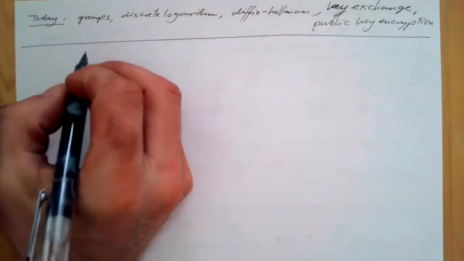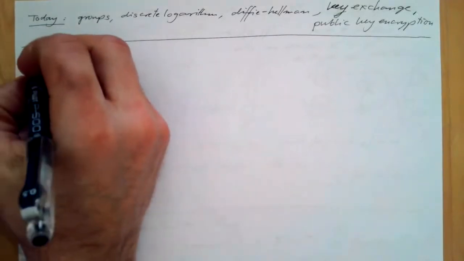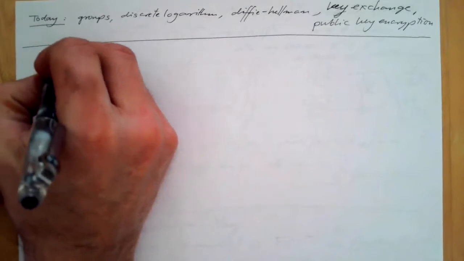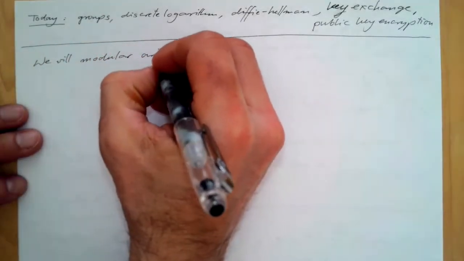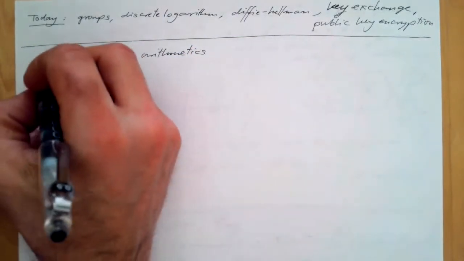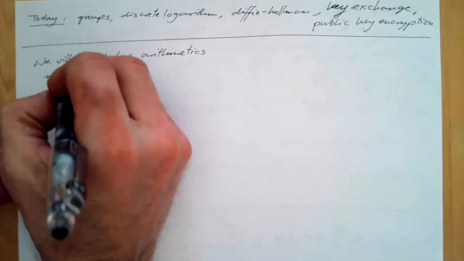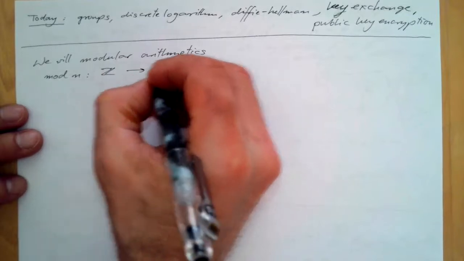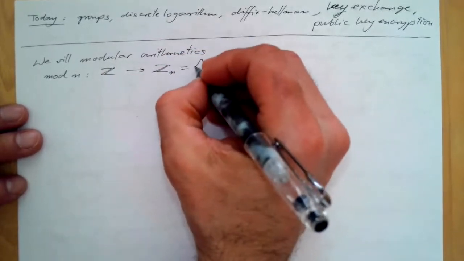Okay, so let's start with groups and discrete logarithms. We'll use modular arithmetic. A modular function can be thought of as a function where you take all integers and you output integers mod n. And what is integers mod n?